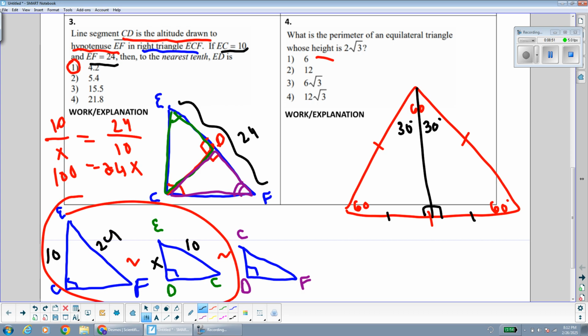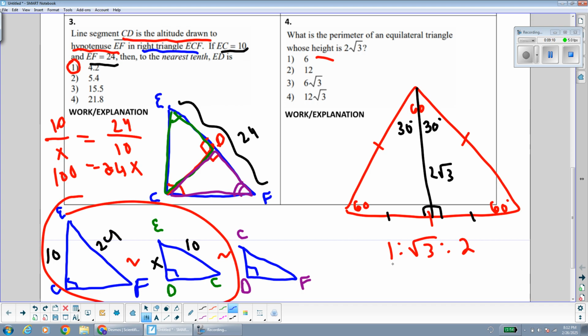We need to find the perimeter of this triangle if the height is 2 radical 3. We have a 30, 60, 90 triangle. So what I'm going to do here is use the ratio for 30, 60, 90 triangles, which is 1 to radical 3 to 2.